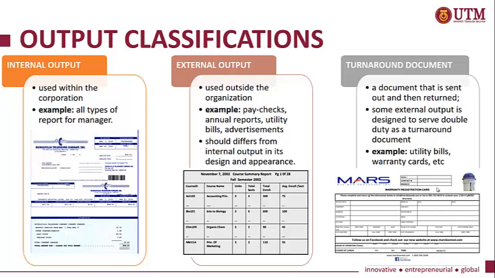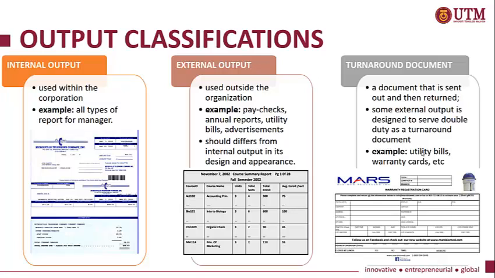And then the last output classification is turnaround documentation. A turnaround document is actually a document that is sent out and then returned back to the organization. Some external output is designed to serve as a turnaround document, for example, utility bills, warranty card, and so on.